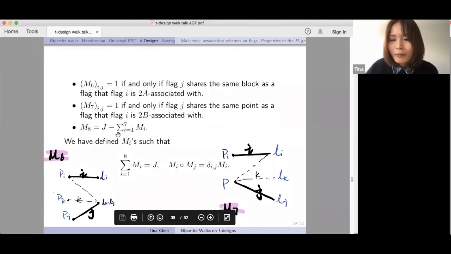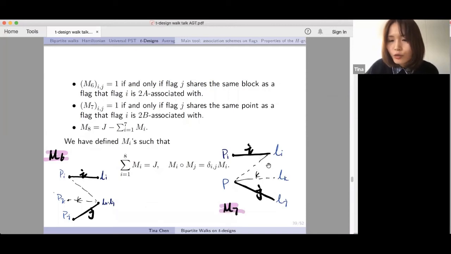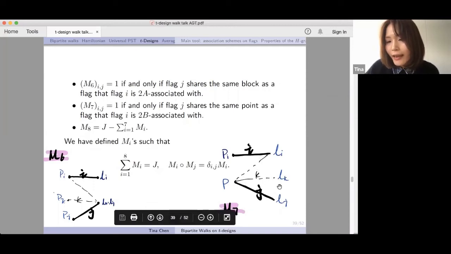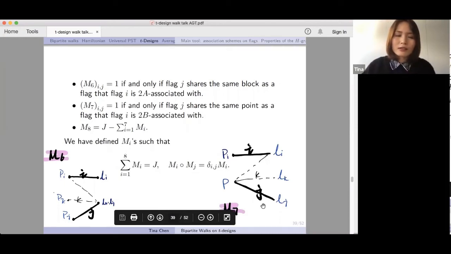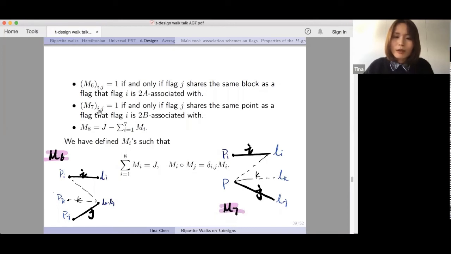Similarly, for M7, if i is 2B associated with flag k, and flag j shares the same point as flag k, then the ij entry of M7 equals 1. And for all the relations between two flags not defined through M1 to M7, we use M8 to characterize it.